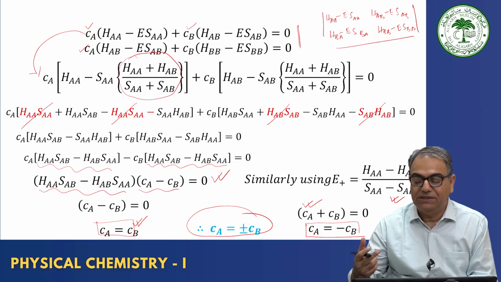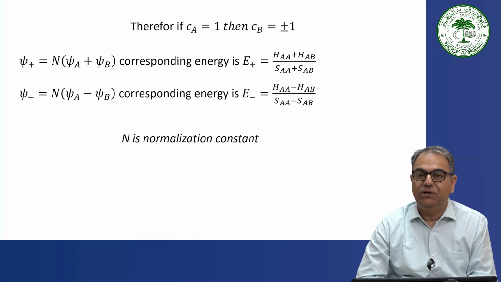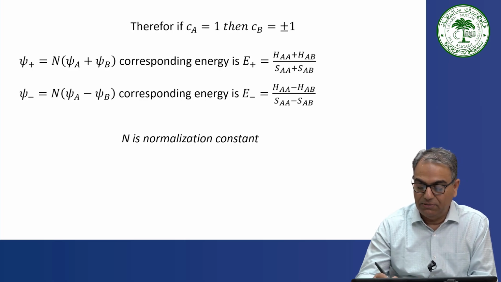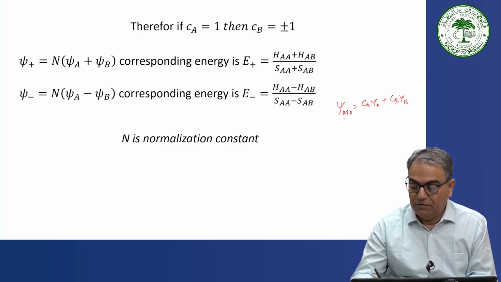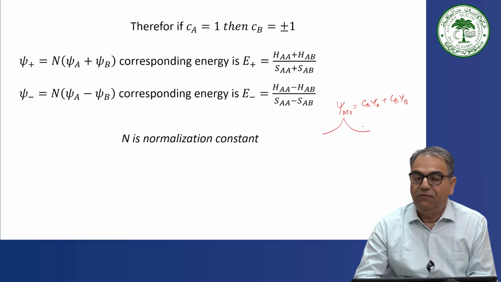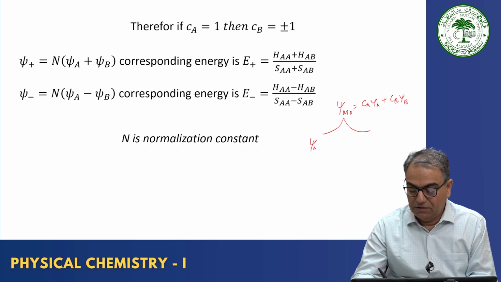And now if it is so, therefore Ca is equal to 1, then Cb is equal to plus minus 1. And what was your psi mo? If you remember, psi mo was Ca psi A plus Cb psi B. So out of these two, if you take Ca is equal to 1, then Cb could be plus 1, so psi A plus psi B you can write.